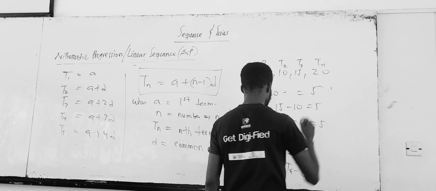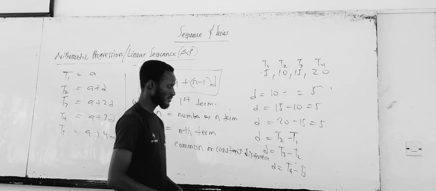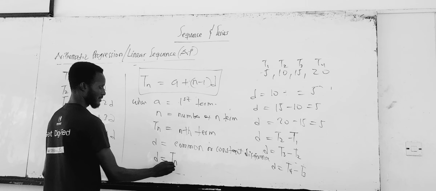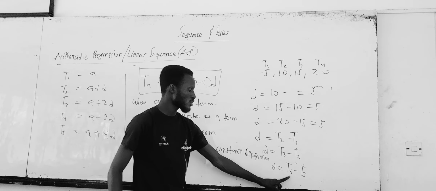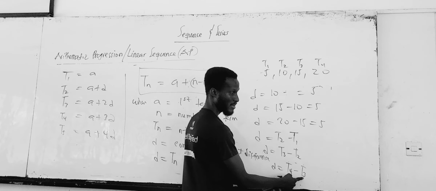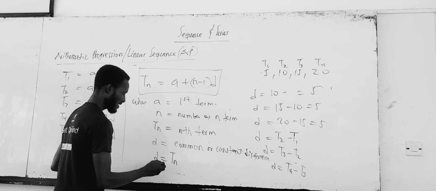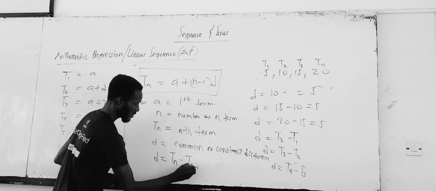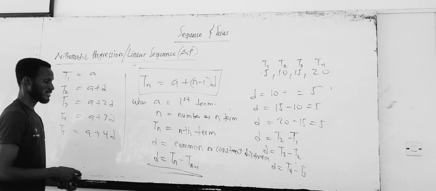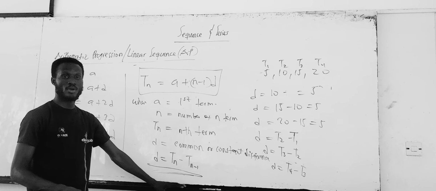T4 minus T3. So the common difference can also be written in terms of n. When here is 4, you reduce the 4 by 1 to get a 3, right? So this T3 is the same as 4 minus 1. This one is the same as 3 minus 1. This one is the same as 2 minus 1. So which means Tn minus what? Tn minus T sub n minus 1. So this one will give us the common difference.